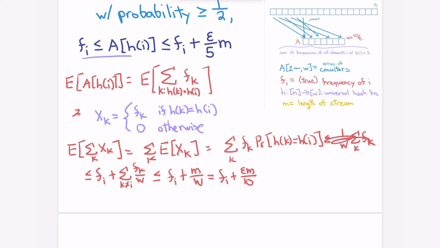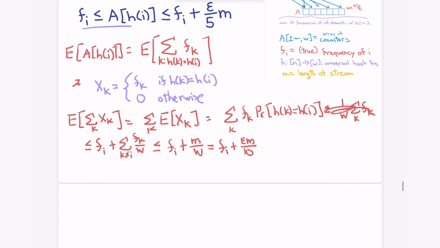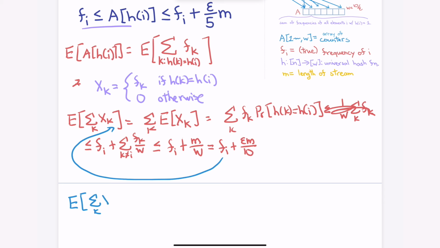There's one observation we want: we can move this f_i term into the left hand side and subtract. In other words, what we showed was that the expected value of h_i, that returned value, minus f_i, is less than or equal to epsilon m over 10.